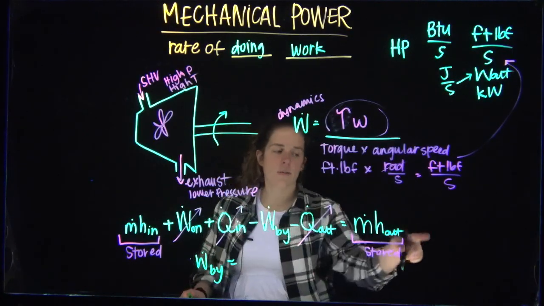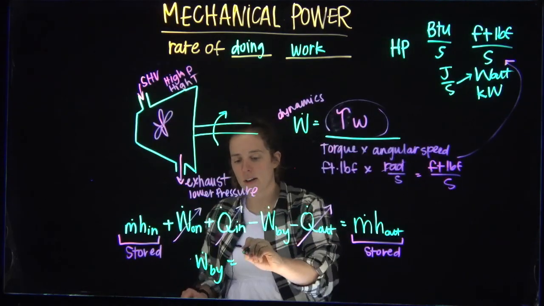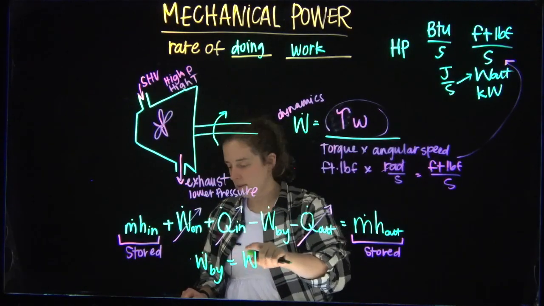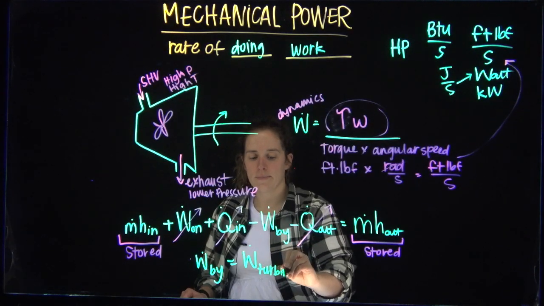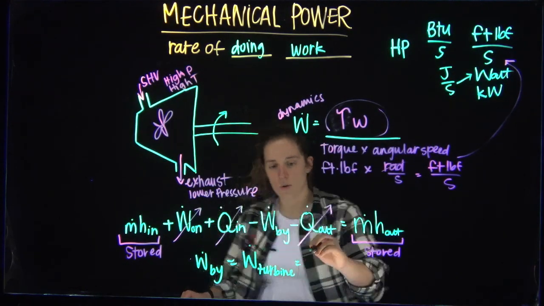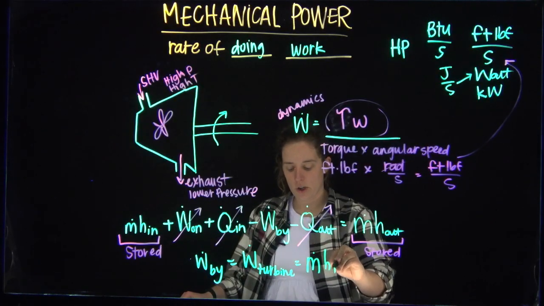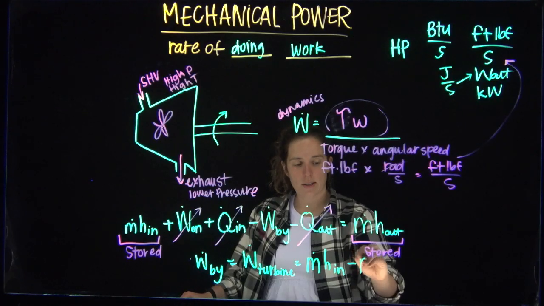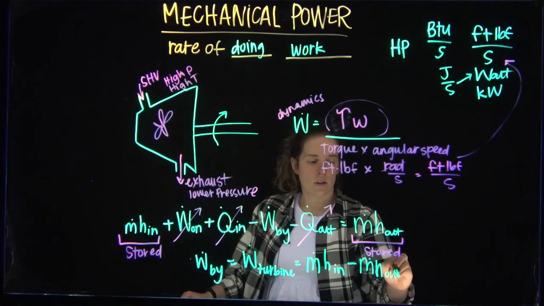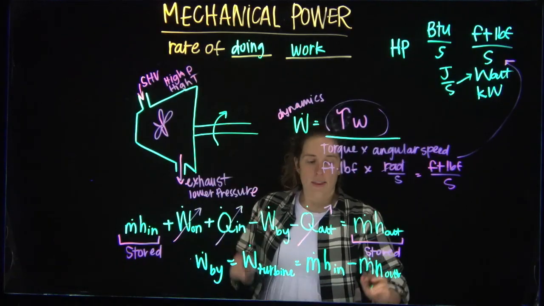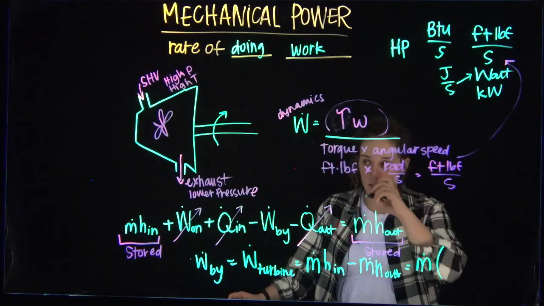if we move this over to the other side, move mass and H out to the other side. Well, this is the work of a turbine. Let's do that. It is equal to m dot H in minus m dot H out. So that's going to look like, let's just put the mass flow rate together because it's going to be the same mass flow rate.